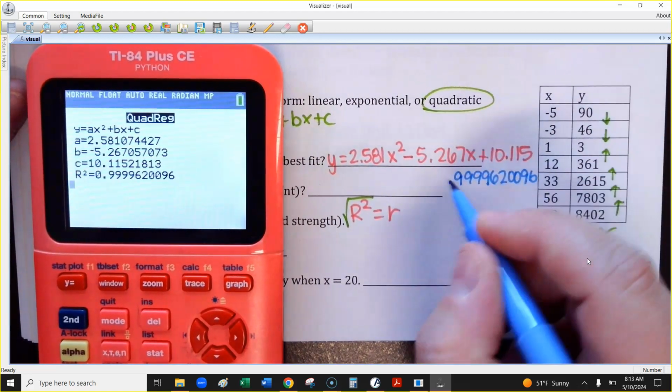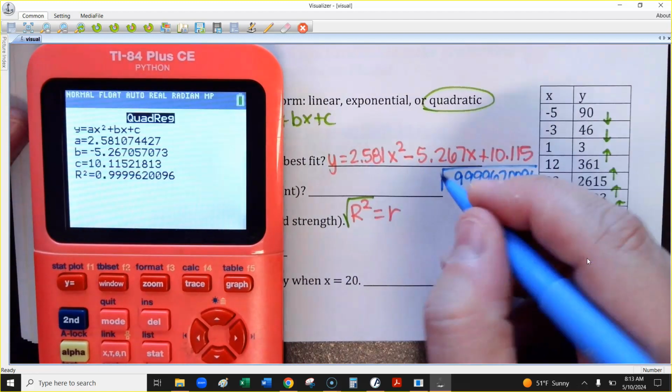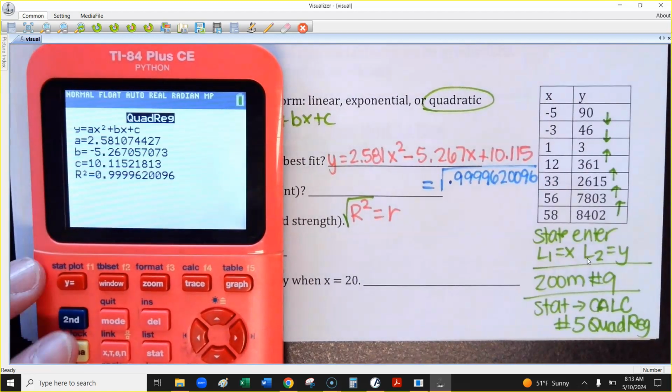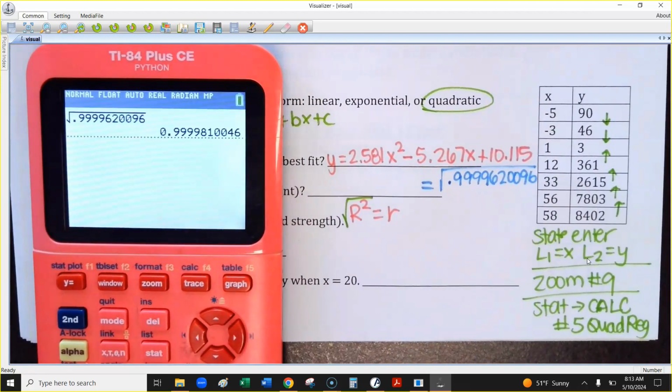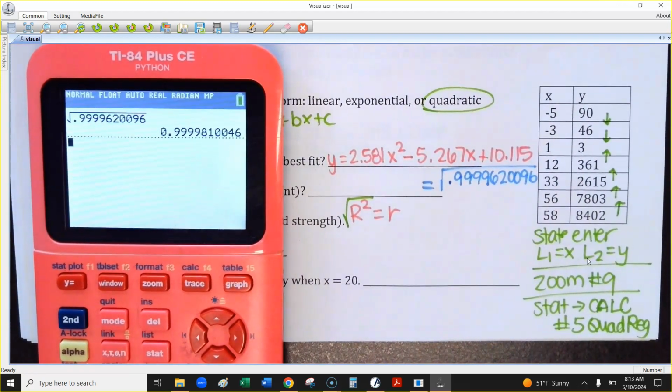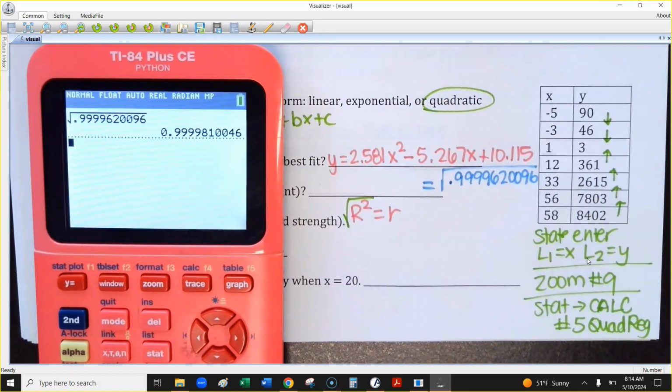I'm going to take the square root of that, and that is going to be our R value. So I'm going to just hit my square root key, 4 9s, 620,096, and take the square root. It's sort of similar to taking the square root of 1 because it's so close to 1, so it's very close to 1 when I get my answer here.